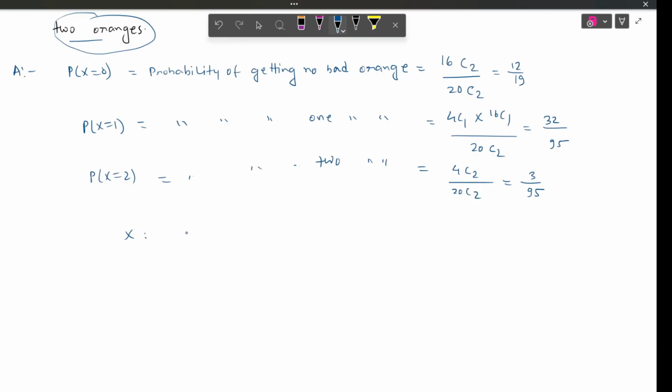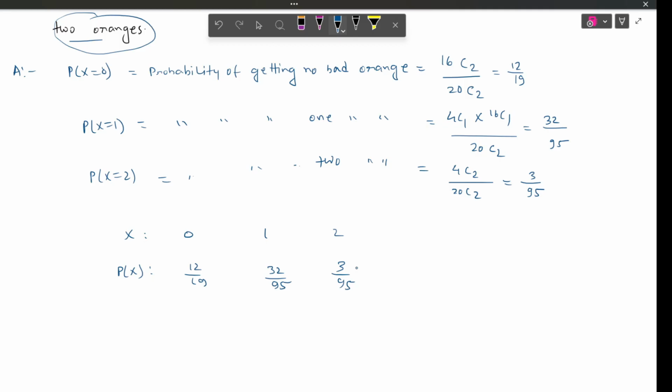It would be x, that is 0 bad orange, 1 bad orange, 2 bad orange. And we have calculated probability of x, that is 12 by 19, 32 by 95, and 3 by 95. Okay.